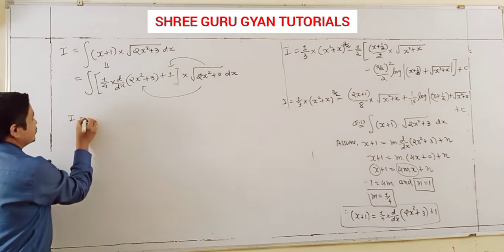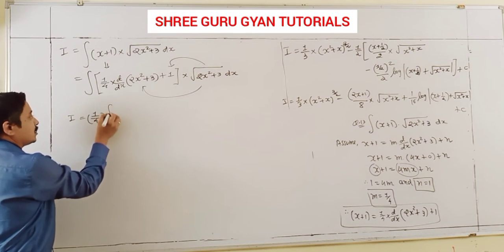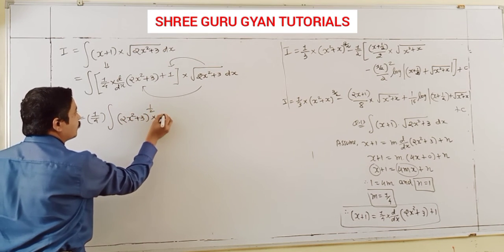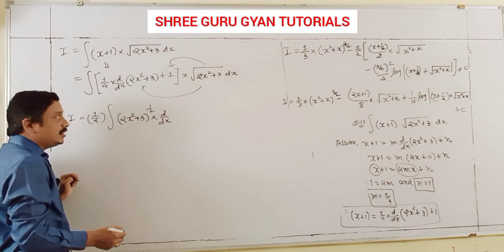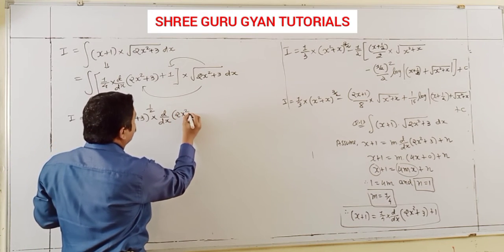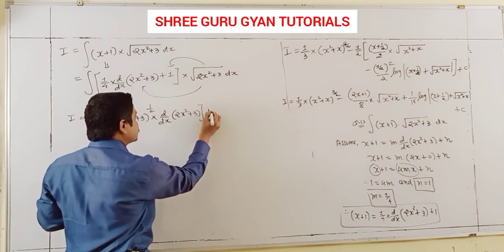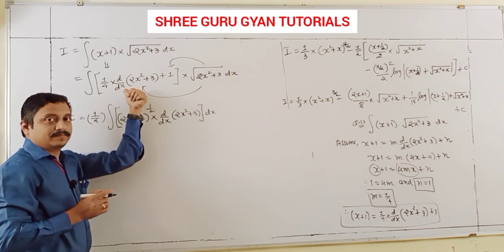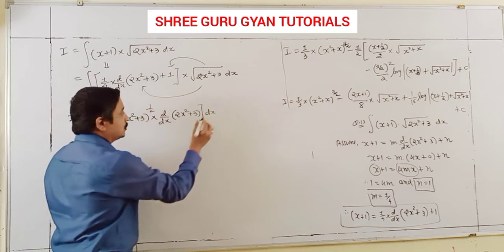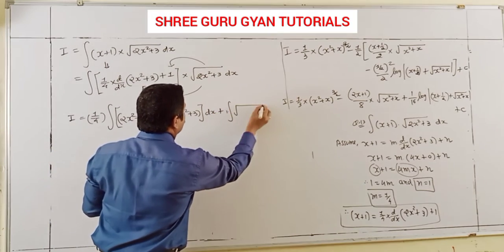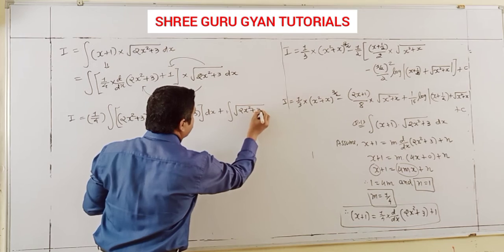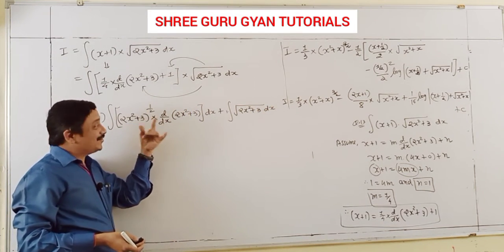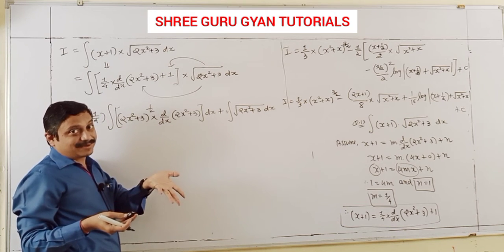So my integration is 1/4 times 2x square plus 3 raised to half, and that should be d dx of 2x square plus 3 dx. This as it is. This multiply by that. And another, students, here 1 times 2x square plus 3 dx. Now function power n with the derivative: n plus 1 by n plus 1.